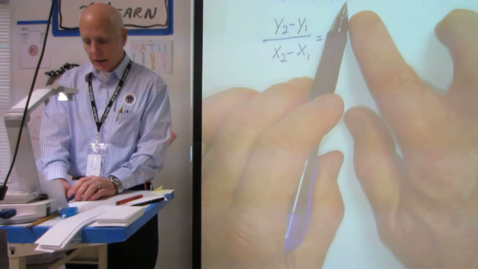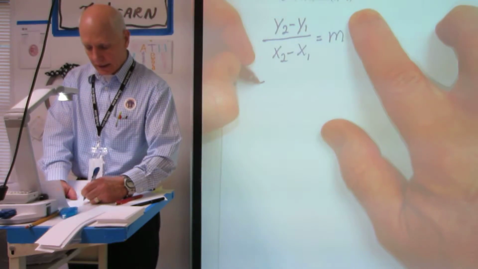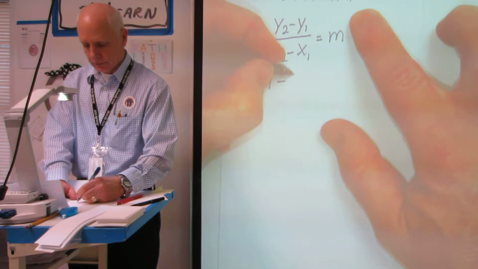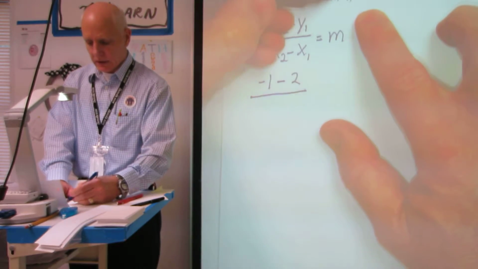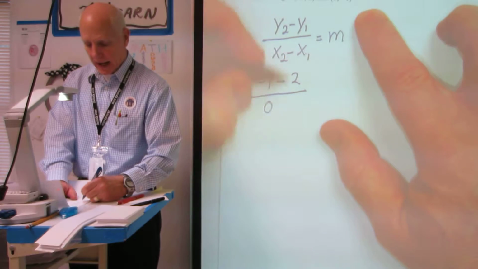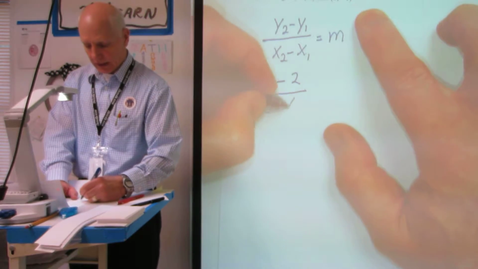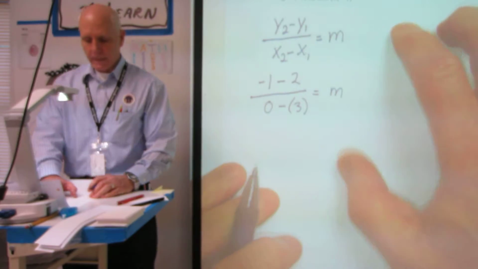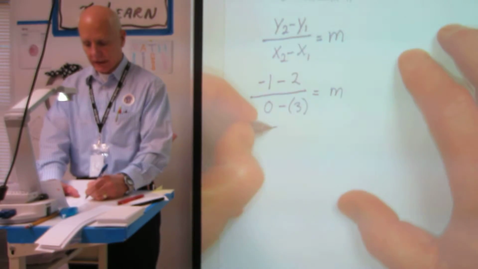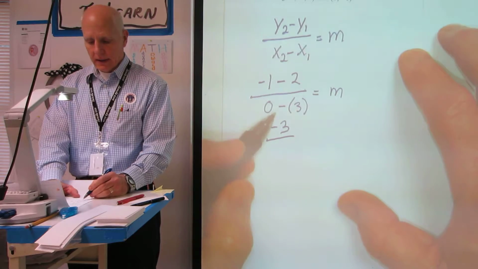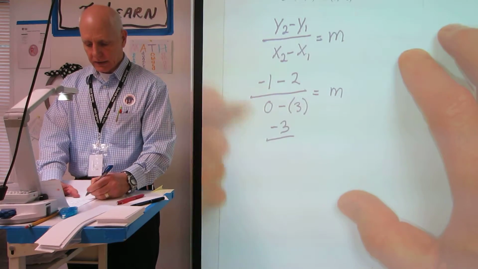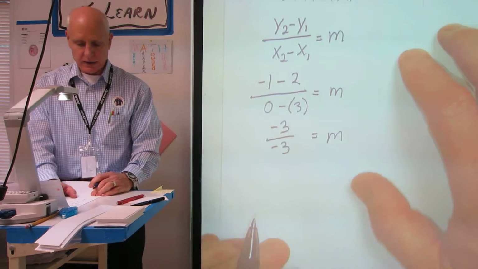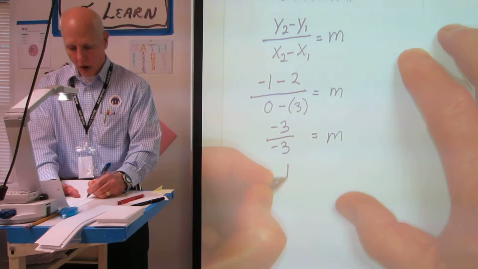Here's our y: -1 minus 2 over 0 minus -3 equals our slope. -1 minus -2 is -3. 0 minus 3 is -3. And so our slope is equal to 1.